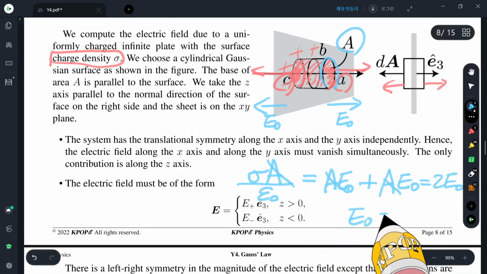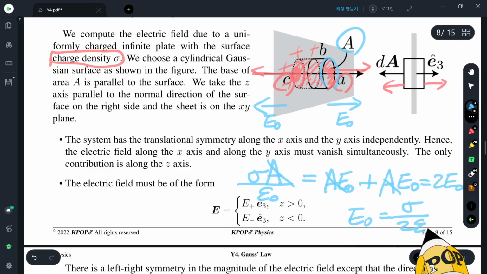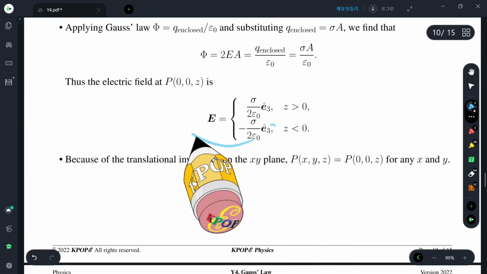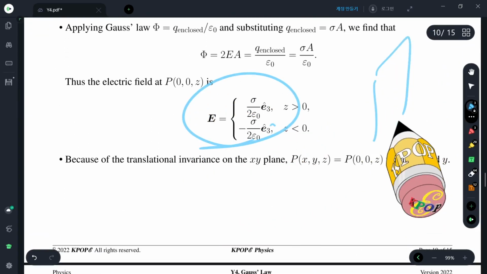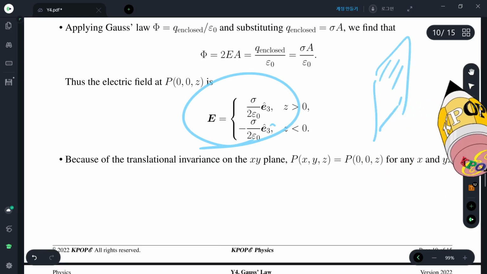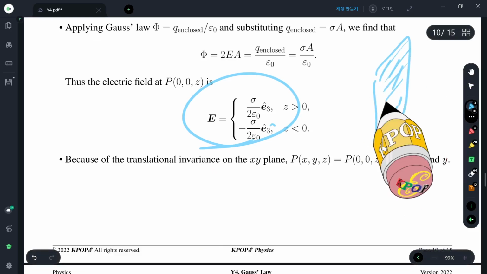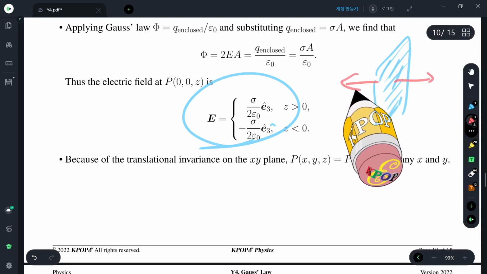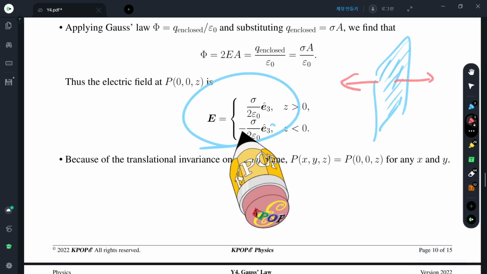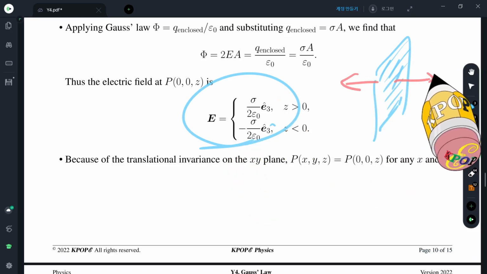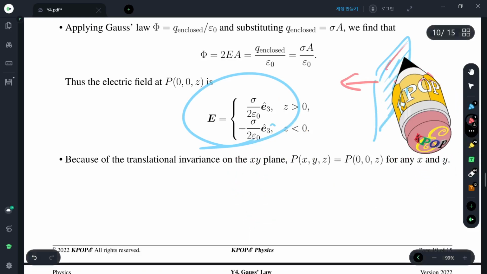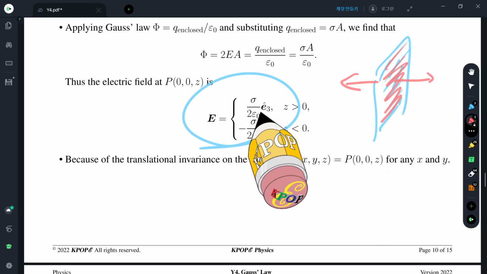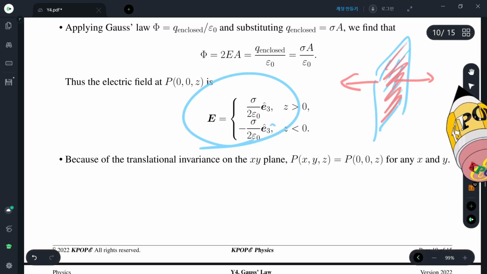Therefore, E0 is sigma over 2 epsilon 0. That's the reason why the electric field just in front of a uniformly charged infinite plate should be along this direction if sigma is positive, and the magnitude of the electric field is sigma over 2 epsilon 0 in either direction.